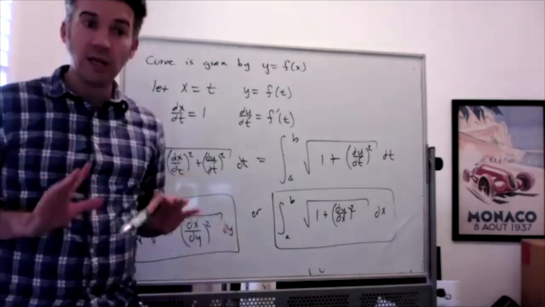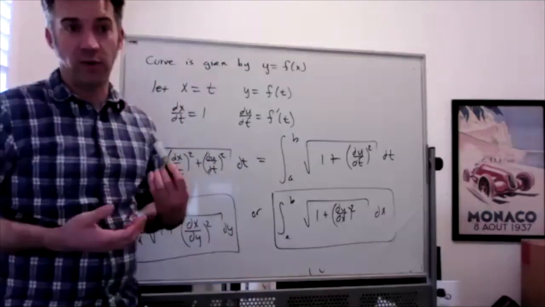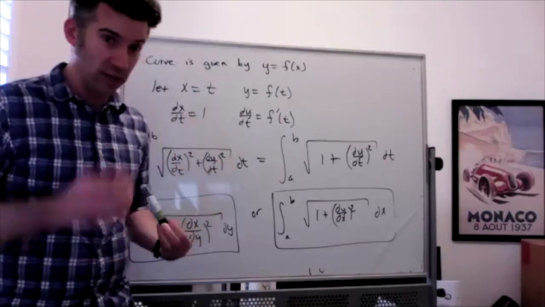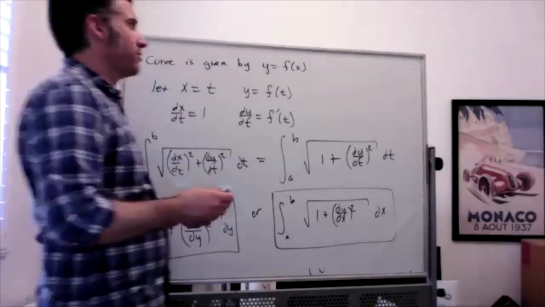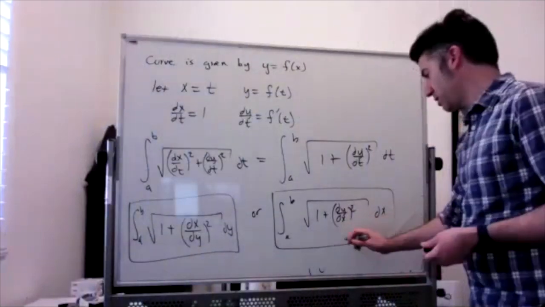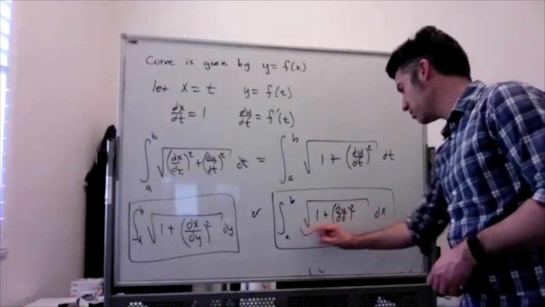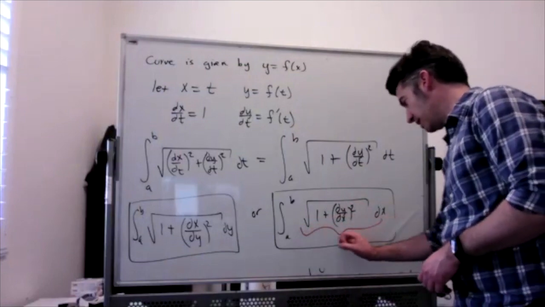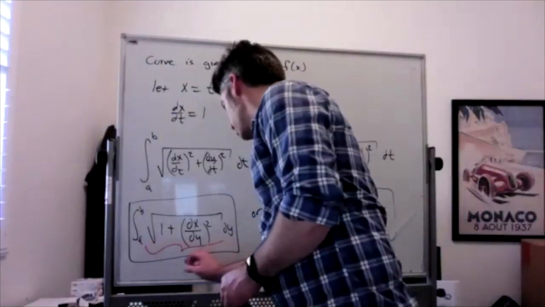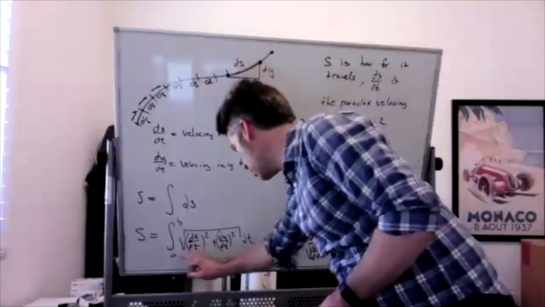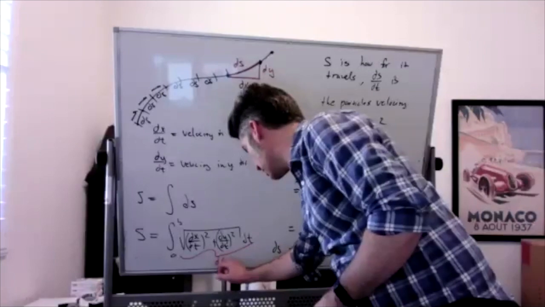But what I would really encourage everyone to do, because it's going to be helpful when we talk about surface area in the next section, is to think about this quantity that you're integrating. This thing here is just ds. This thing here, including the thing at the end, is just ds.